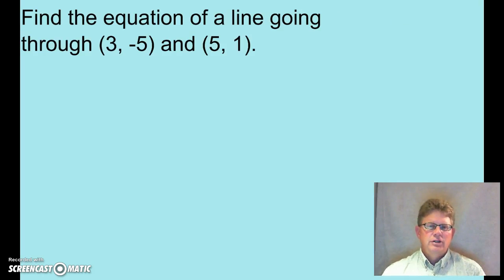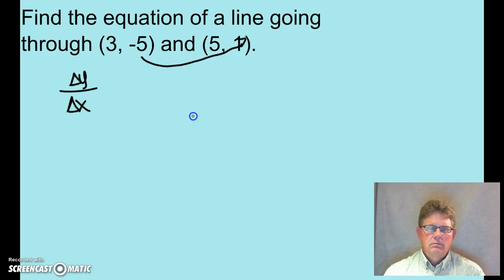Find the equation of a line going through (3, -5) and (5, 1). What you need to do first is find the slope. Again, we did this yesterday. That'll be delta y over delta x. The y's went from -5 to 1, a change of 6.